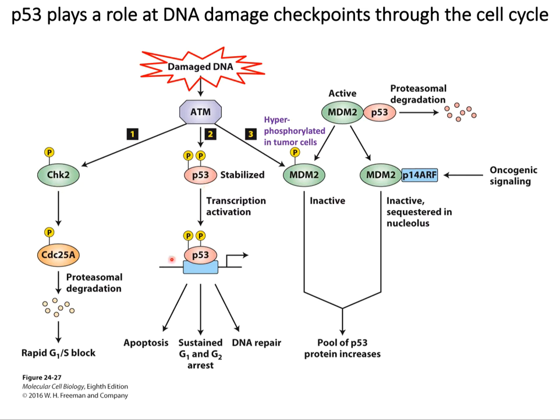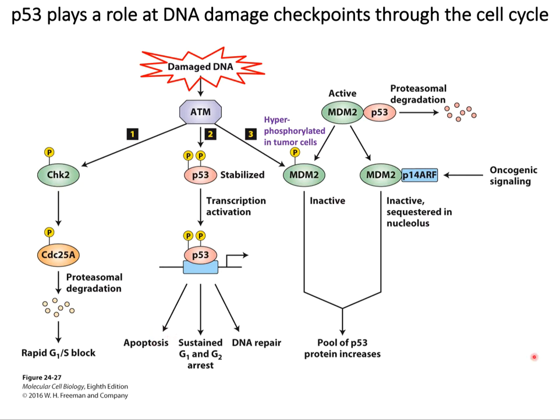One of those genes is p21-CIP that we talked about on the previous slide. But it can also enhance the transcription of genes whose products are involved in DNA repair. If the damage is really bad, it can enhance the expression of genes that will induce apoptosis or cell death, and the cell will just die.